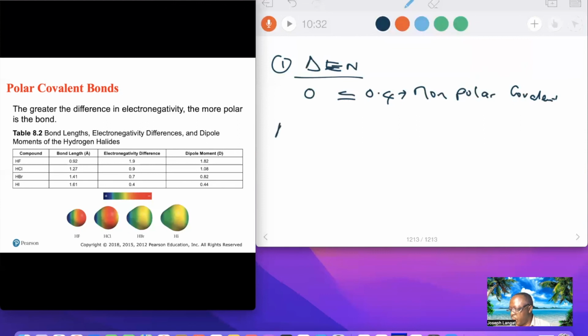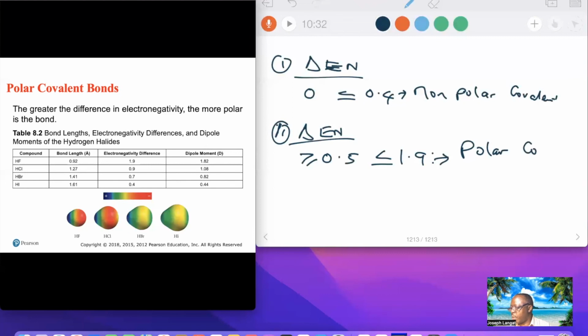A change in electronegativity from 0.5 to less than 1.9 means it's a polar covalent bond, when you subtract the electronegativity values between elements.